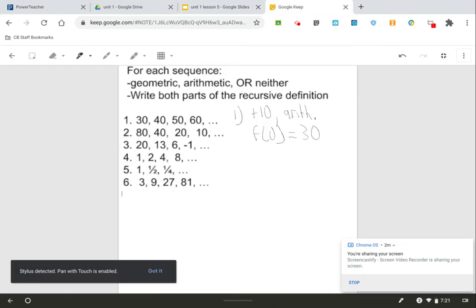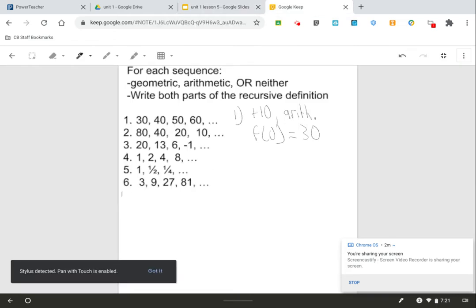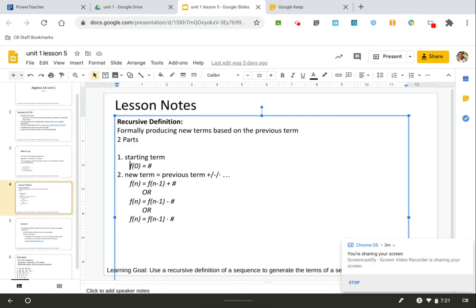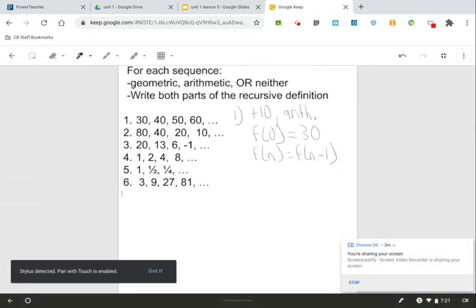Since the pattern is adding 10, we write f of n equals f of n minus 1 plus 10.